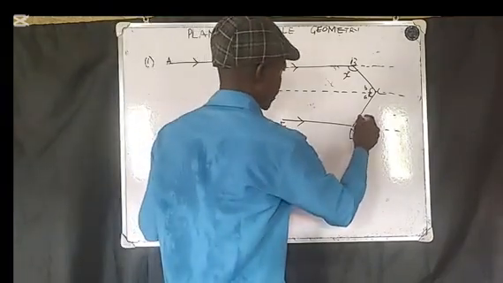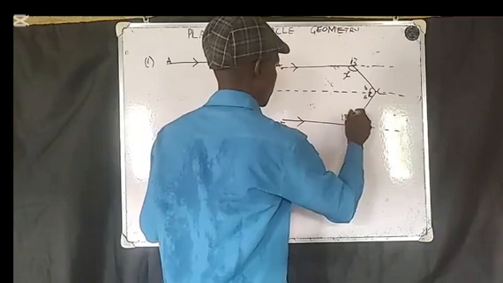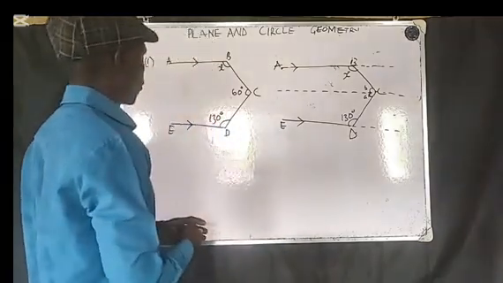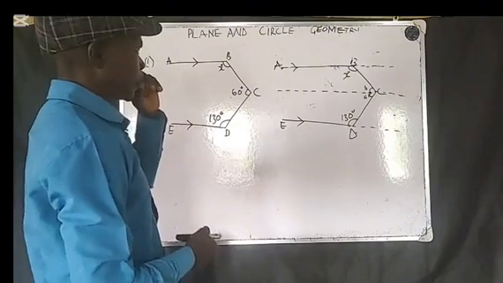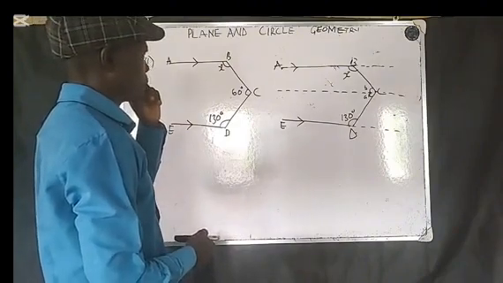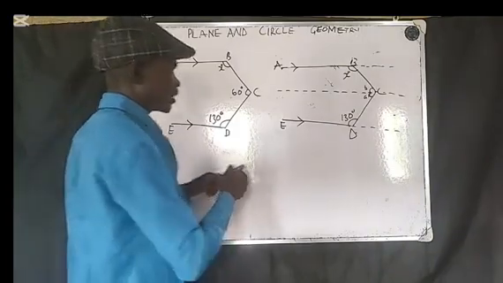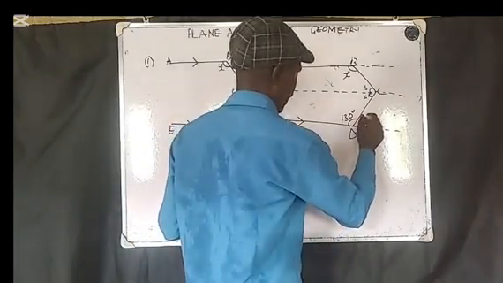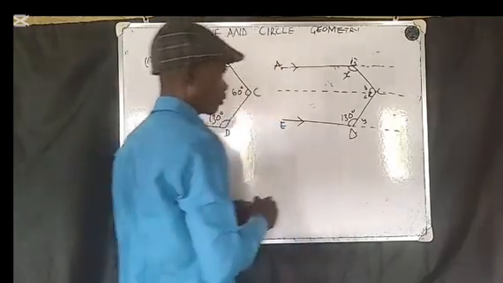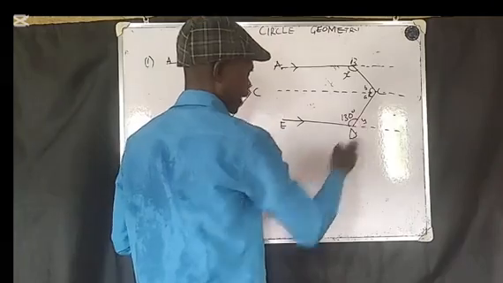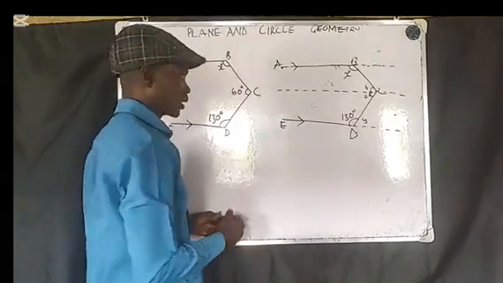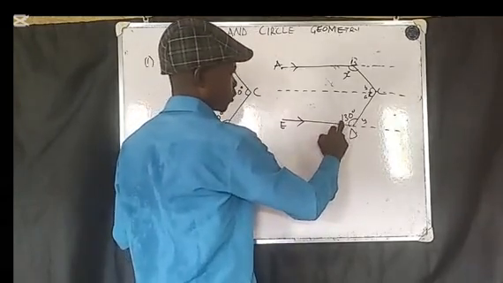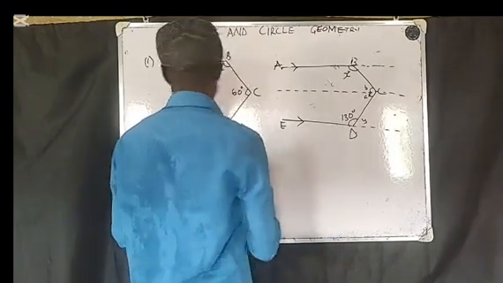This is 130, and we want to solve for X. If we have 130 here, let's call this place Y. If I look at Y, 130 plus Y is supposed to give us 180.